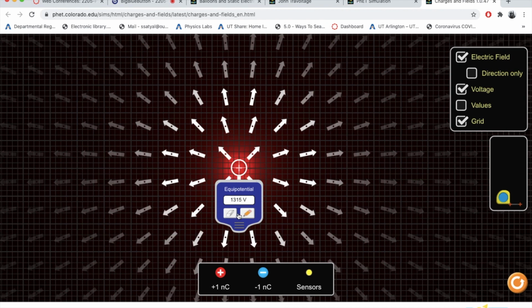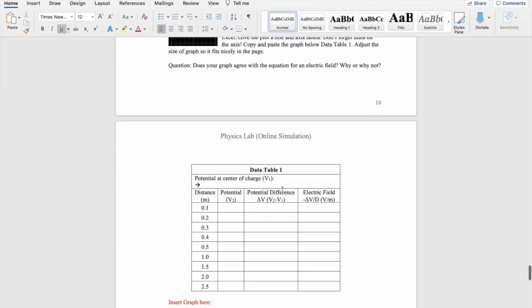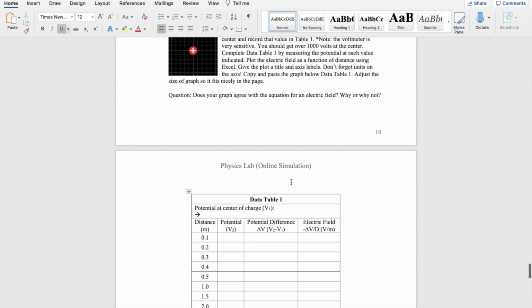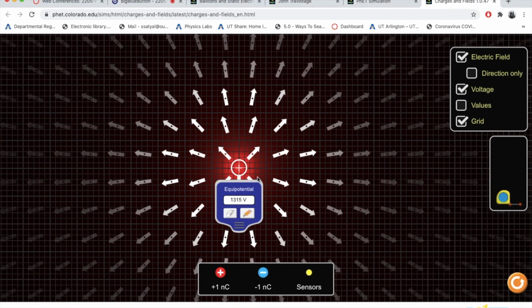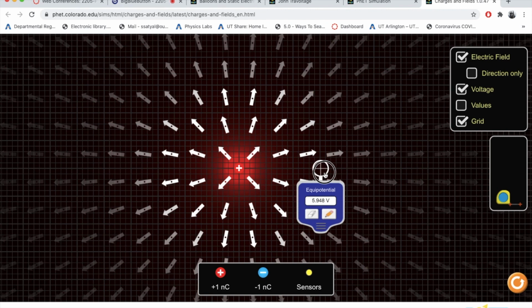So about 1,300 volts there at the center. That's the electric potential due to the positive charge, and that's what I'm going to write over here: potential at the center of the charge. The electric potential goes as 1 over r, meaning the potential decreases as you go farther out from this positive charge. So with this device I'm measuring the potential difference between 2 points.